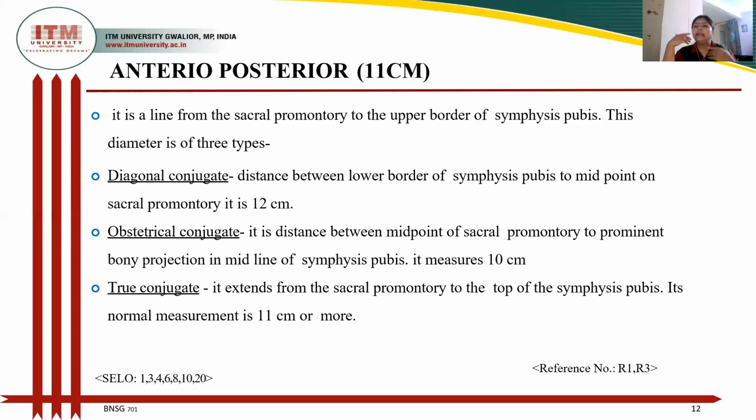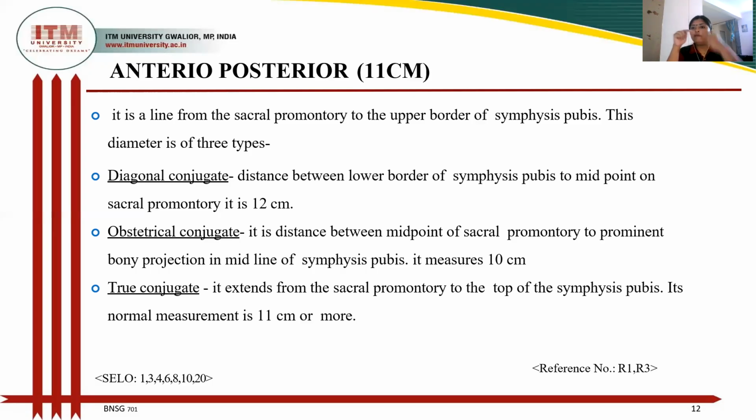Okay. So then the next diameter of the anterior posterior is the obstetrical conjugate. It is the distance between the midpoint of the sacral promontory to the prominent bony projection in the midline of the symphysis pubis.